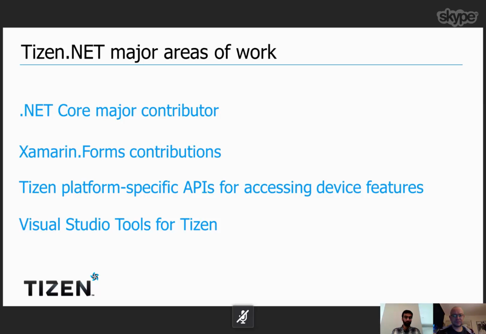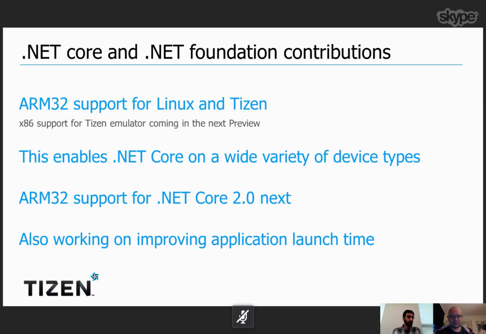So let's look into some of these major areas of work, and I'll talk about what we've contributed in all these areas. I just mentioned that one of our main contributions has been to .NET Core in the area of ARM support. This has been for the Linux and Tizen operating systems, and ARM32 is the primary architecture on a variety of Tizen devices, and our contributions have been specifically in the area of ARM32 support.